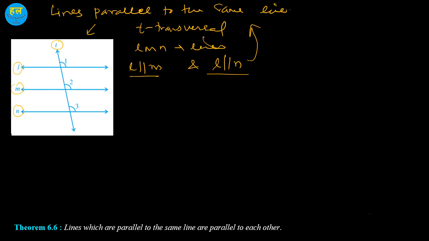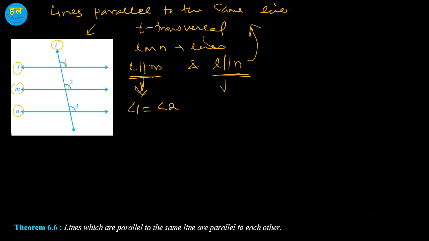We can say that here L is parallel to M and L is also parallel to N. From here we can see that when a transversal intersects parallel lines, the corresponding angles are equal. So from this we can deduce that angle 1 is equal to angle 2, because the corresponding angles of parallel lines are equal.